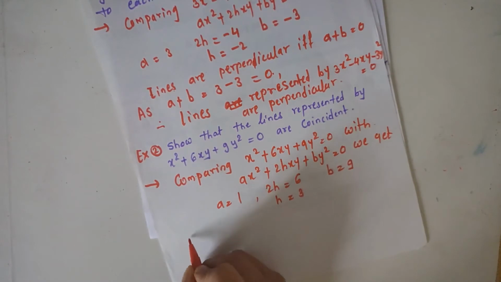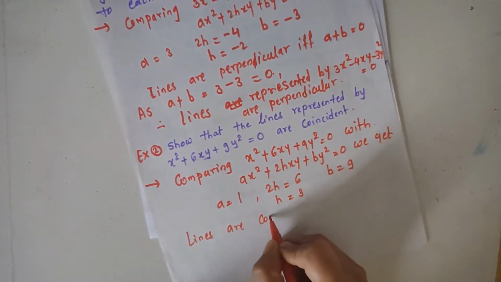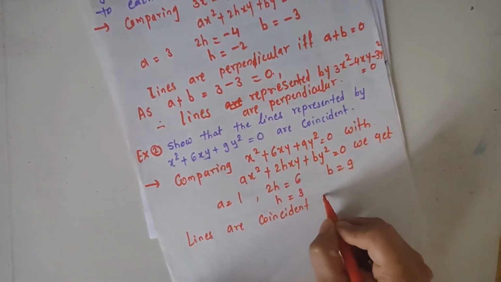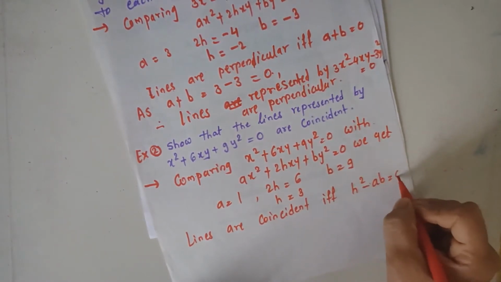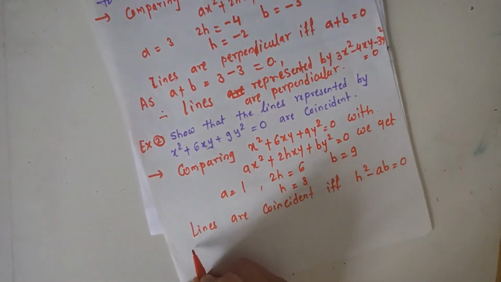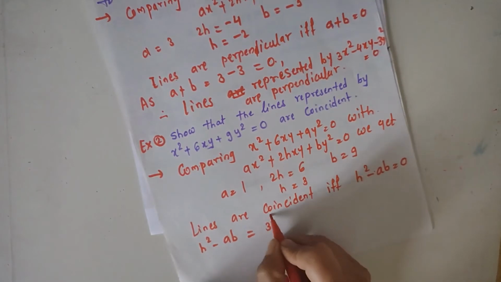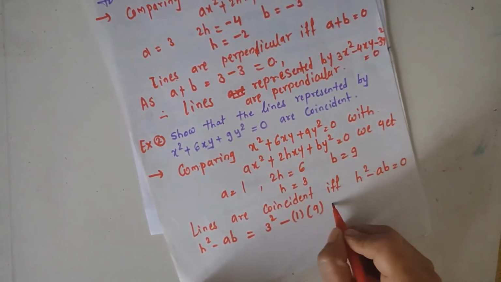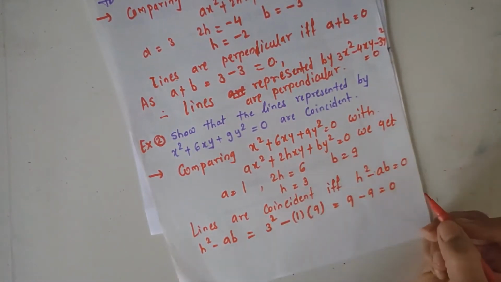Now the lines are coincident if and only if the condition is h square minus ab is equal to 0. So find the value of h square minus ab, which is equal to, here h is 3, so 3 square is 9, minus a is 1 and b is 9, so 9 into 1, 9, is equal to 0.